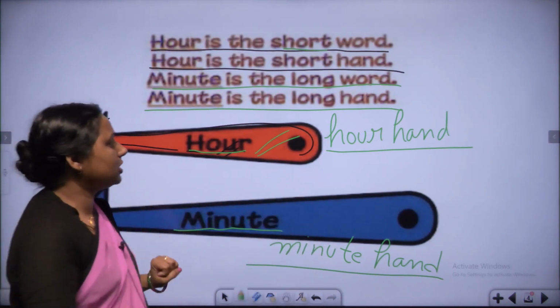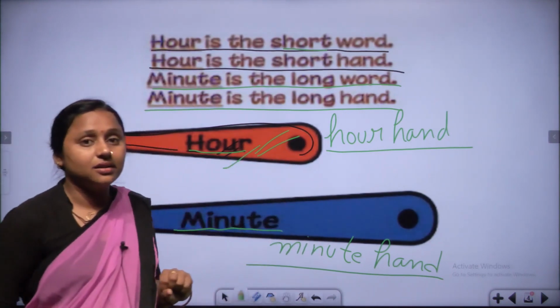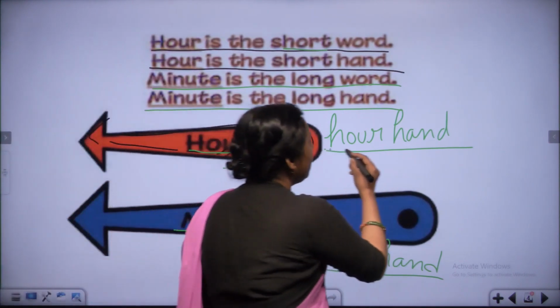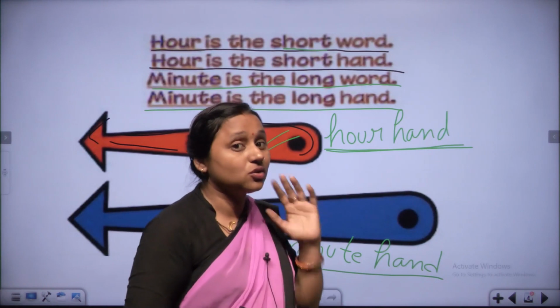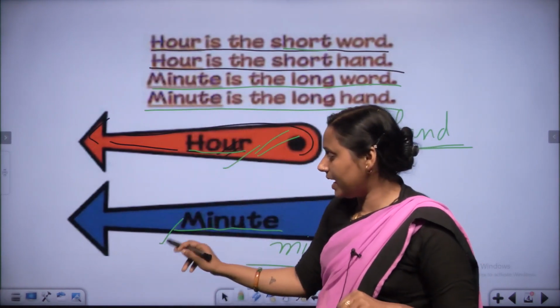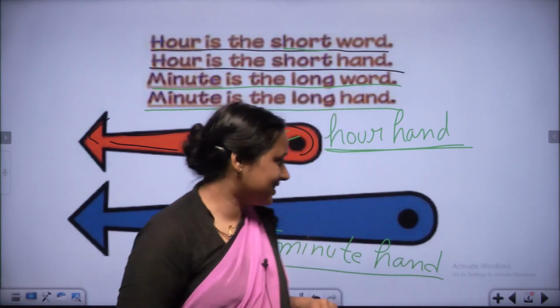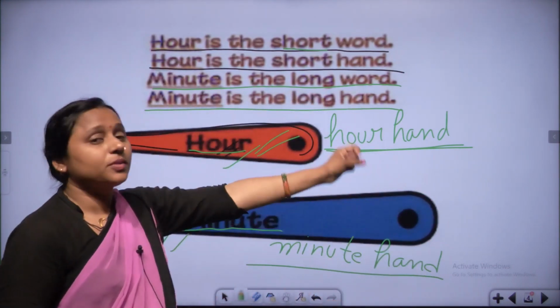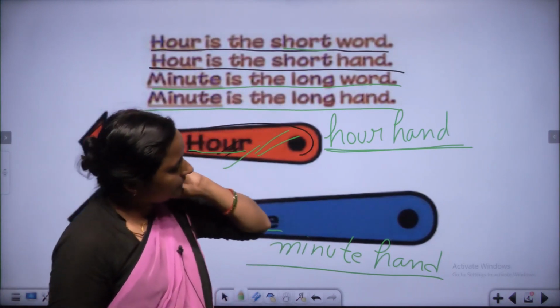Long hand. Short hand in a clock, what do we say? Hour hand. And the minute hand, children? Yes, the longer hand. Longer hand, what do we say? Minute hand.